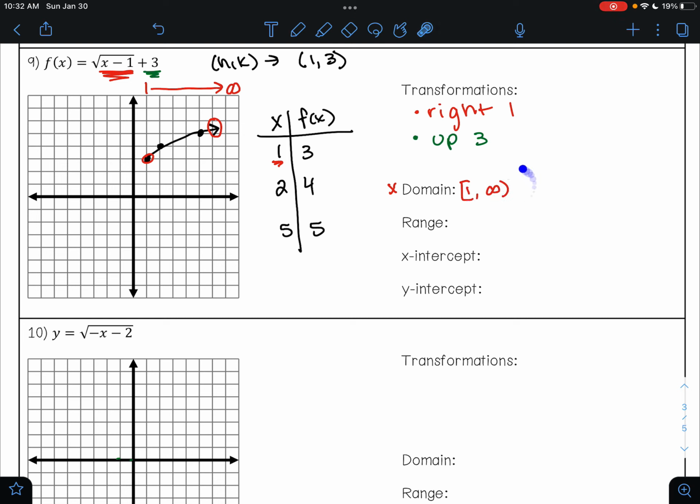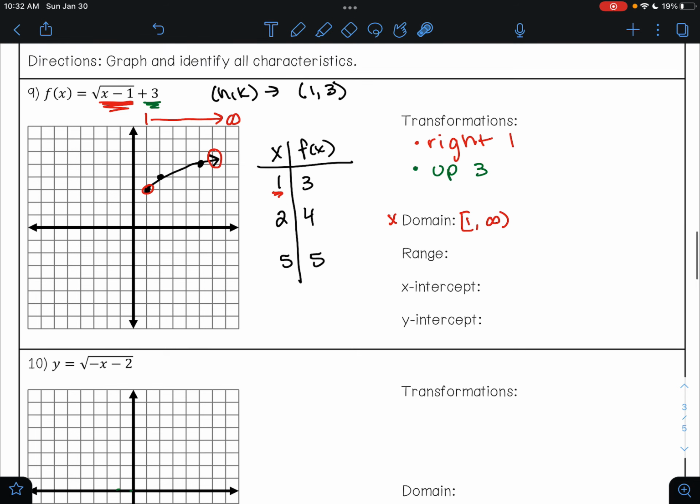Now this isn't written in interval notation. In our directions, they didn't specify if they wanted it in interval notation or inequality notation. So if you wanted to write this as an inequality, you could say, okay, these are my x values. I'm starting at 1 and I'm going to the right forever. So I could also write this as x is greater than or equal to 1.